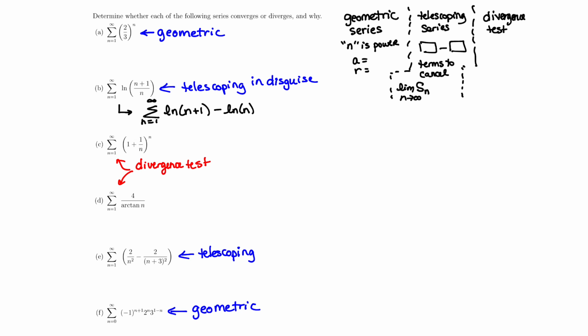Is there a reason that you can't just say the log goes to 0? Yeah, because what's the natural log of 1? 0. Okay. So, does it tell us anything if the terms go to 0? It doesn't necessarily converge. If the terms don't go to 0, it diverges. But there are going to be series that don't converge.